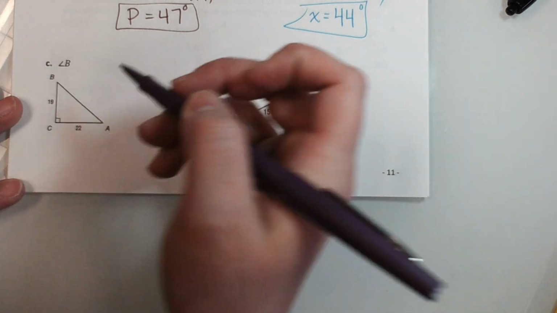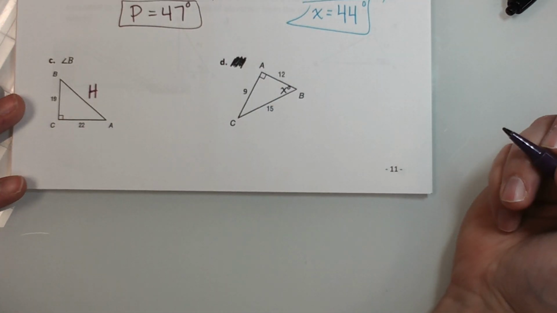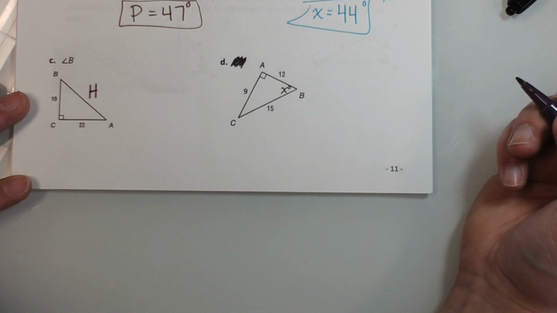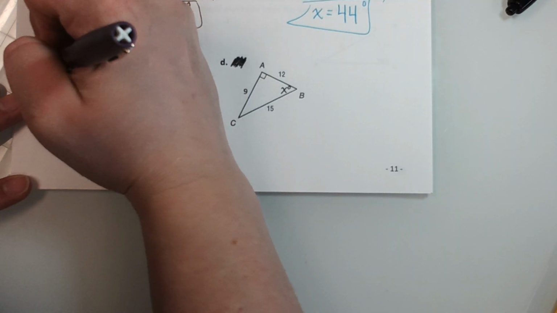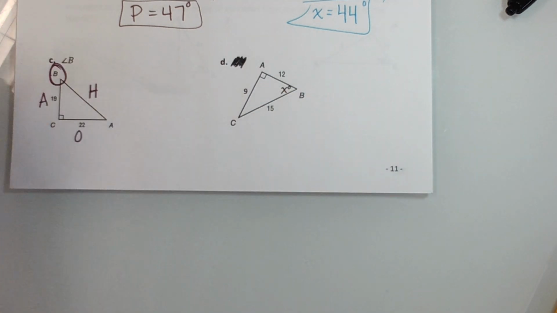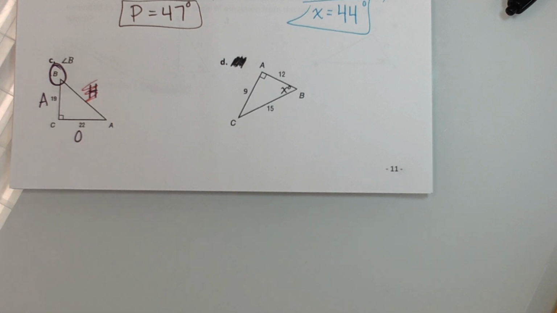The 19, the 22, or the blank one is the hypotenuse. Blank. Okay. What about opposite and adjacent? 19 is opposite. No. Adjacent. Solve it for B, so 19 is adjacent. That's opposite. The hypotenuse is not helpful, so we can cross it off. We can focus in on adjacent and opposite.